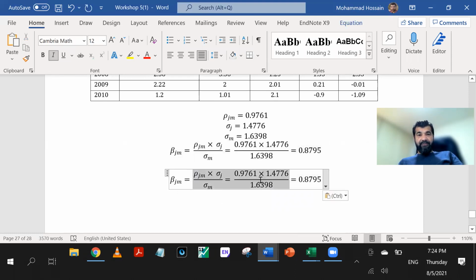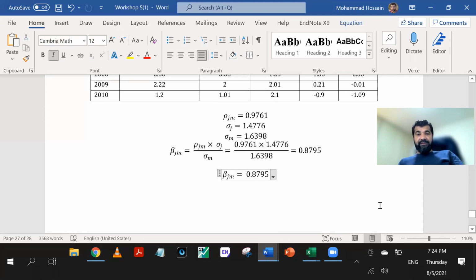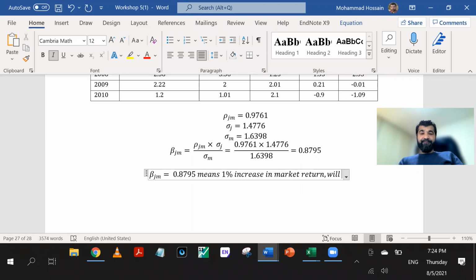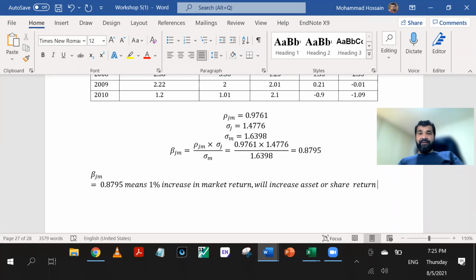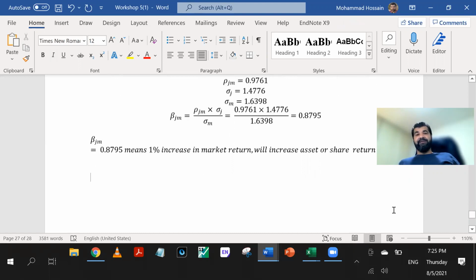So beta value, this means 1% increase in market return will increase asset or share return by 0.8795, which is less than the market return.